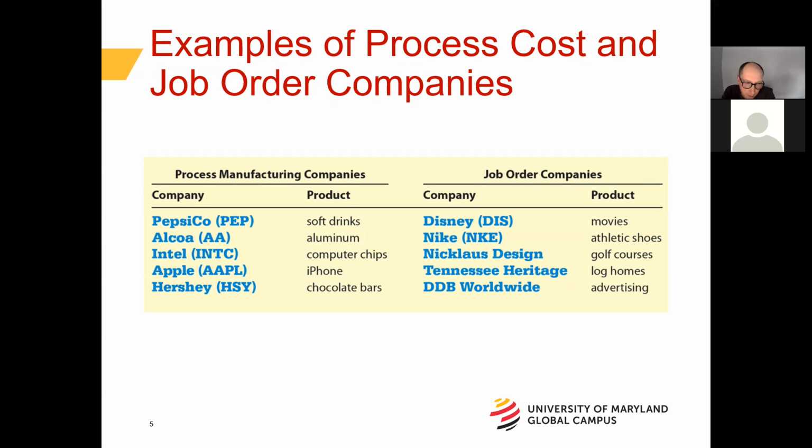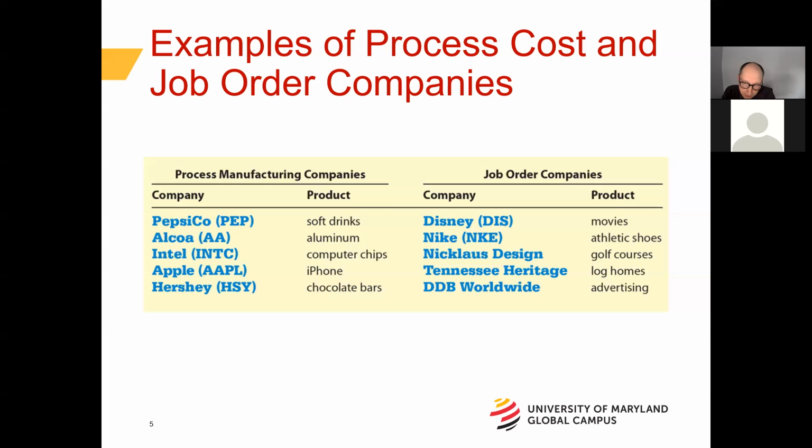But Disney, we know that they have the theme parks. The theme parks are a service business. But their movie division is more on the manufacturing side. But because Disney is primarily a service business, we don't consider them to be a true manufacturer. So there's a small nuance with Disney.